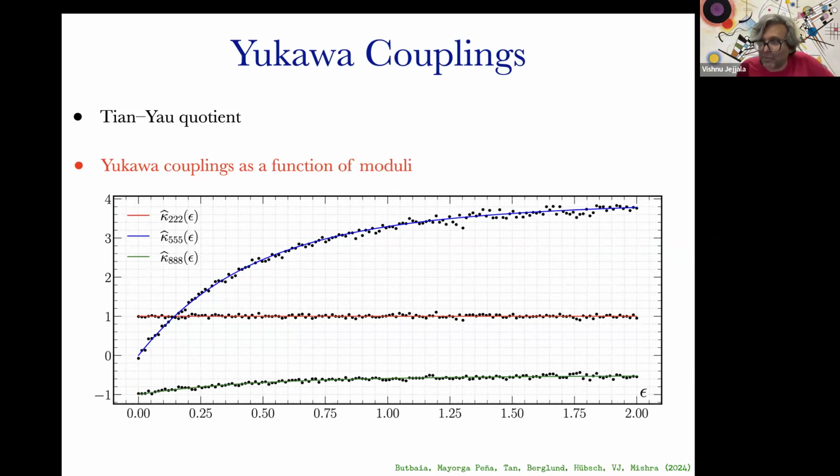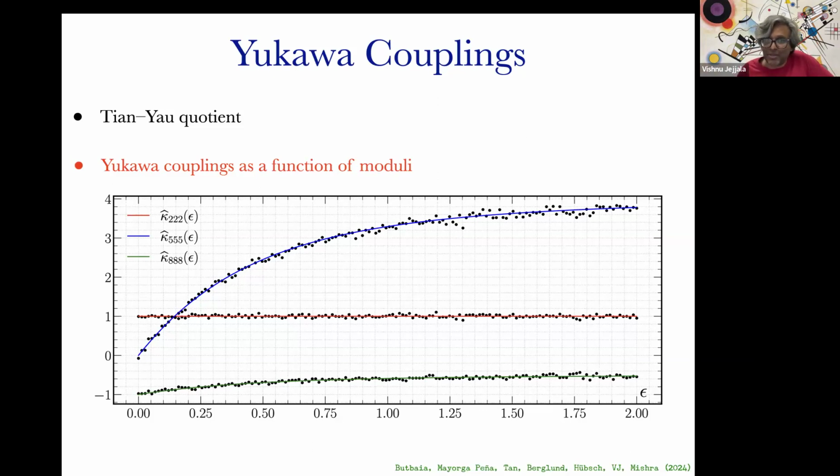And these hats represent the fact that we've normalized, so this is the ratio of kappa 222 divided by kappa 111. So we've used kappa 111 as a baseline here, and we've evaluated these other non-vanishing Yukawa couplings. And we've seen how these vary as a function of motion in the complex structure moduli space.